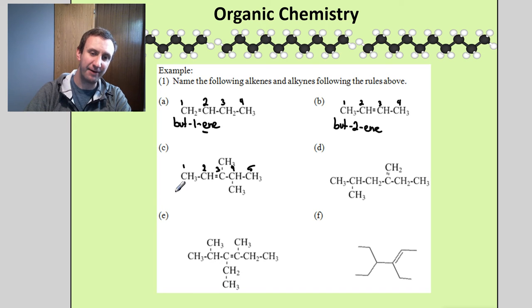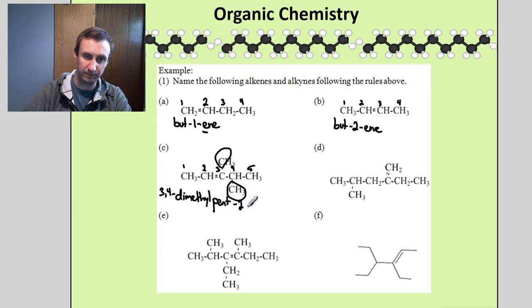So that means that I have an answer of 3,4, because I have a branch here and here, dimethyl. Then I have 5 carbons, so it's pent, 2-ene. Okay, so 3,4-dimethylpent-2-ene.